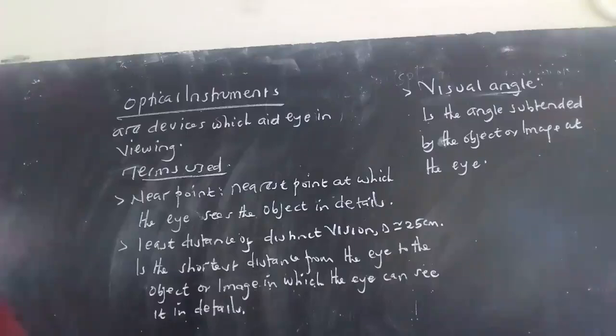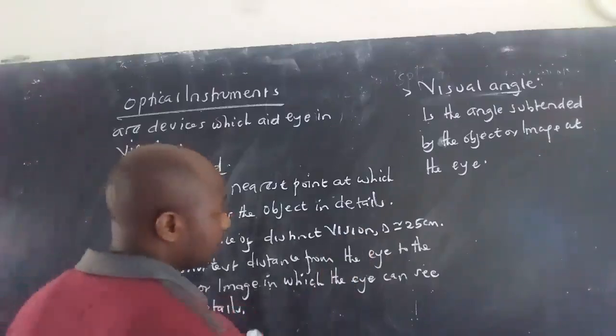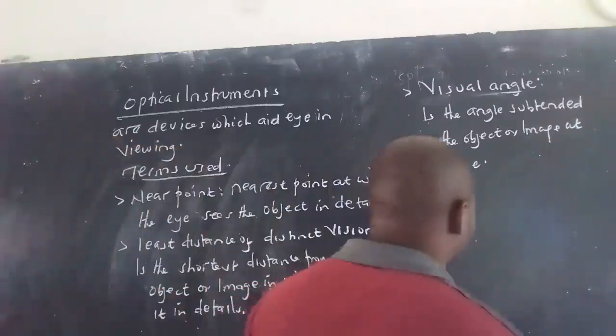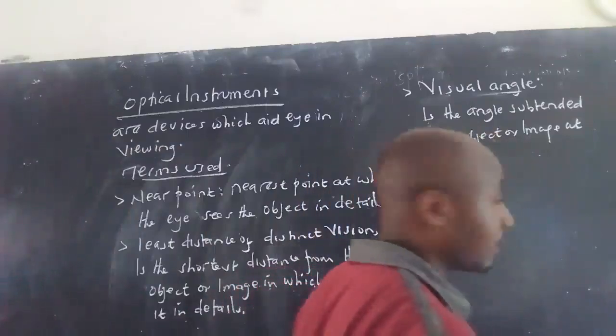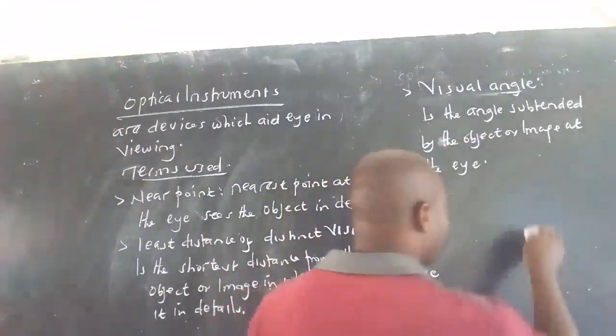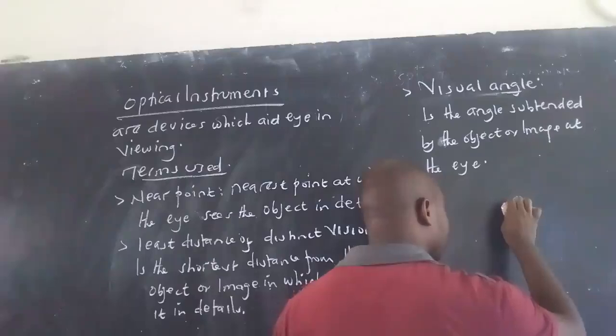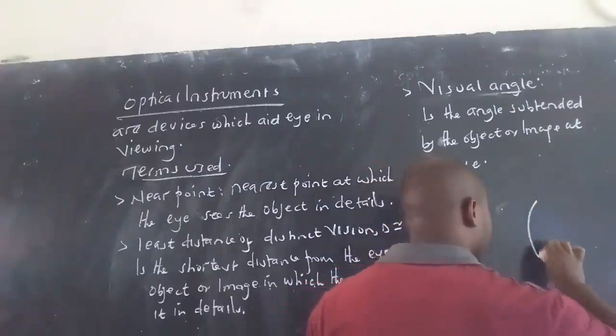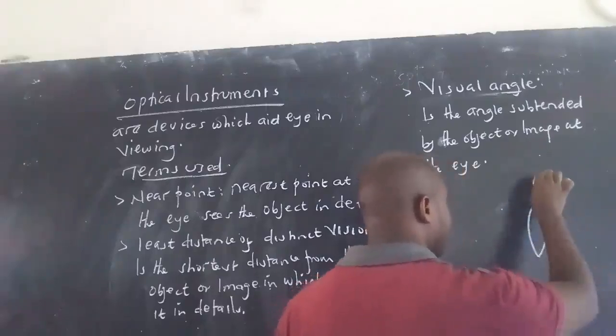Then let us look at something like this. This is the eye lens, and then this is the eye.